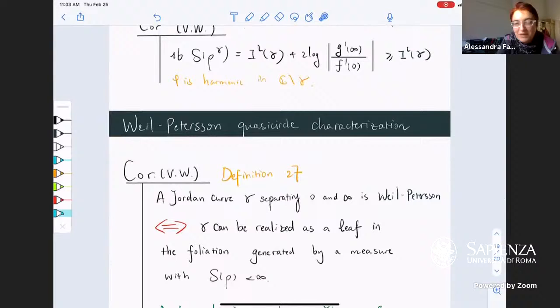So we also had the feedback. The second question is the following: is the foliation procedure valid for any Weil-Petersson quasi-circle of the 16 in the Bishop paper? What is of the 16? They're all equivalent in Bishop's paper. Okay, anyway, is the foliation procedure valid for any Weil-Petersson quasi-circle?